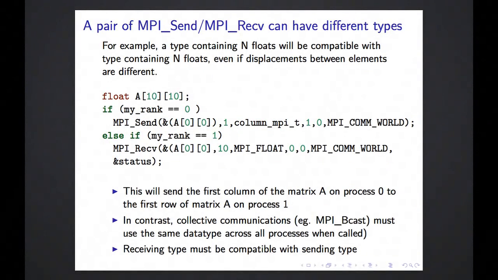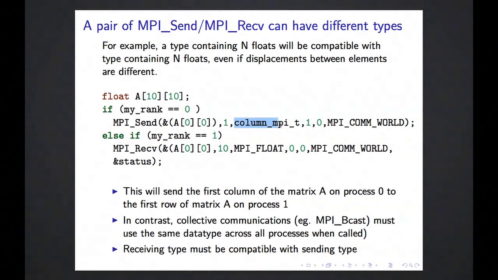Here I am sending the first column, and this is received as 10 floats starting at the address at the beginning of the matrix. This will take the column of the matrix in process 0 and store it as a row of the matrix in process 1. Sometimes this is a neat and quick way to do a transpose using an MPI communication.